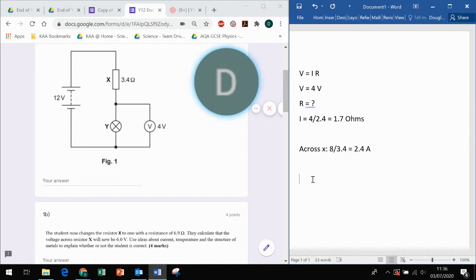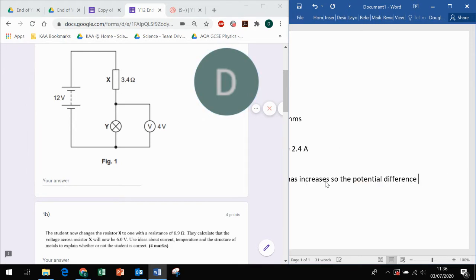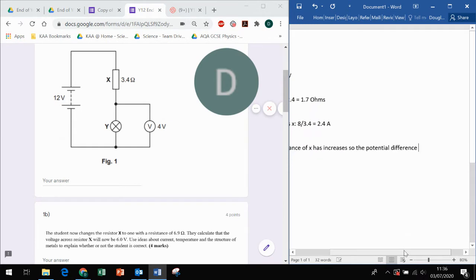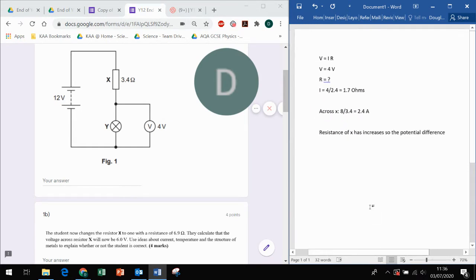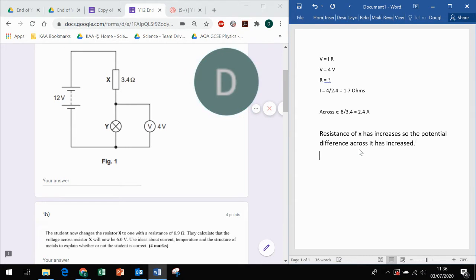So we've changed the resistor X to one of 6.9. The resistance of X has increased, so the potential difference across it has increased.